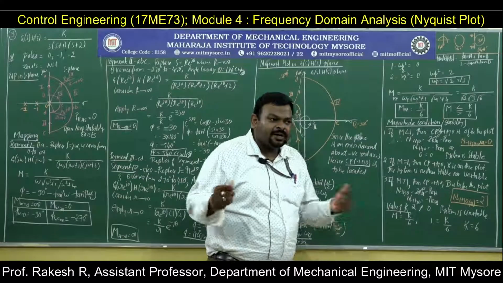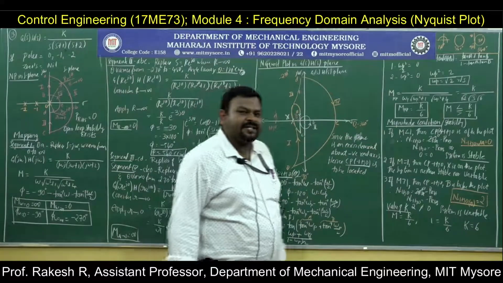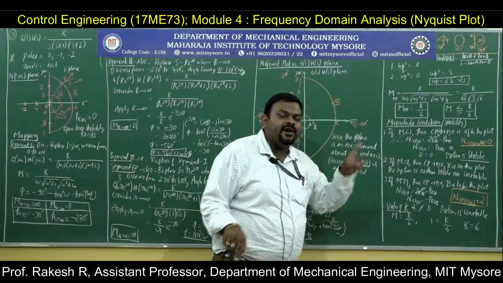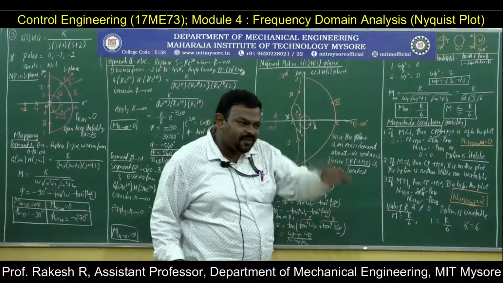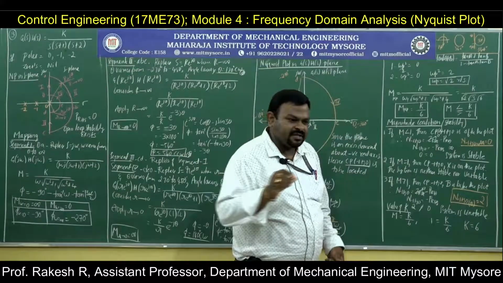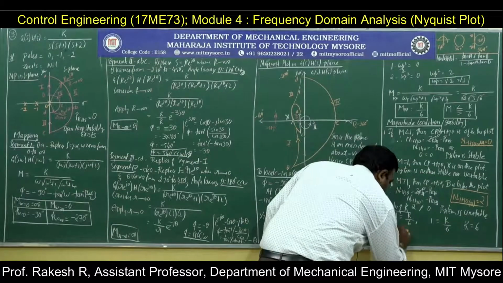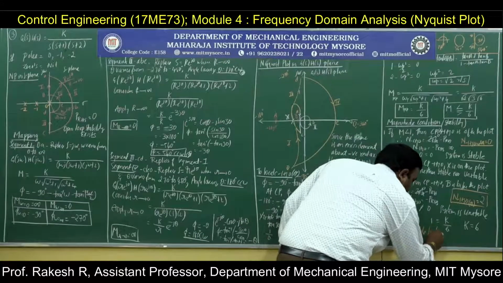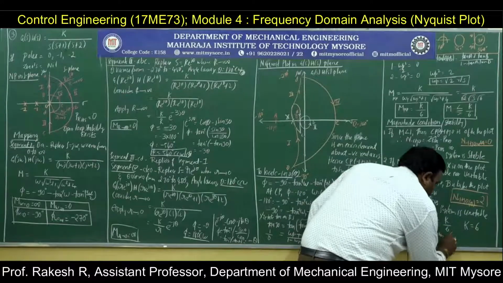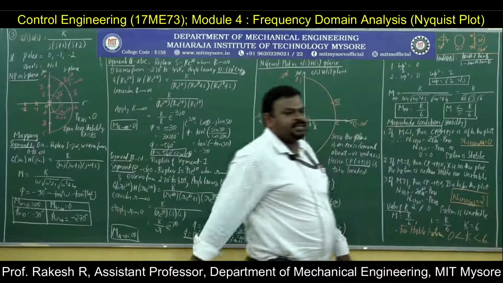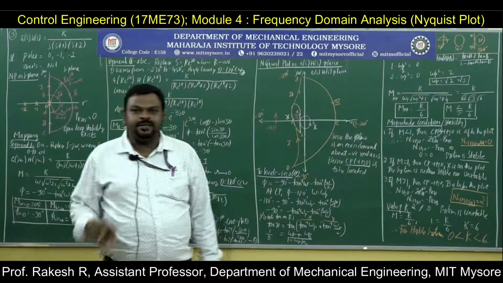Then you can conclude that for the stable system, the magnitude should be less than 1. In order to get the magnitude less than 1, the value of K should be less than 6. Therefore, for stable system, this is a condition: the value of K should lie between 0 and 6.